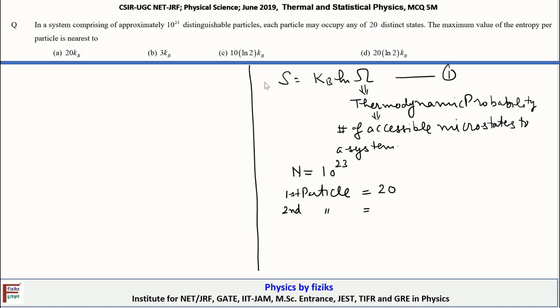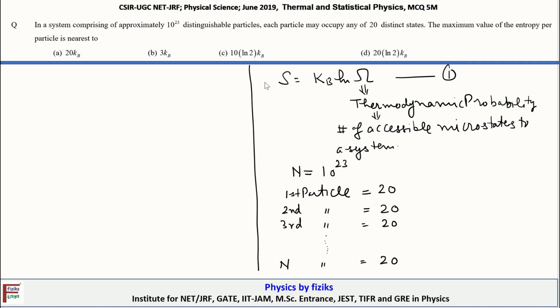Now for the second particle, again because particles are distinguishable, there is no constraint on the occupancy. So again we will have 20 distinct possibilities. Similarly for the third particle we will have 20 possibilities. This way we can extend the same logic up to the nth particle, which will again have 20 distinct possibilities.